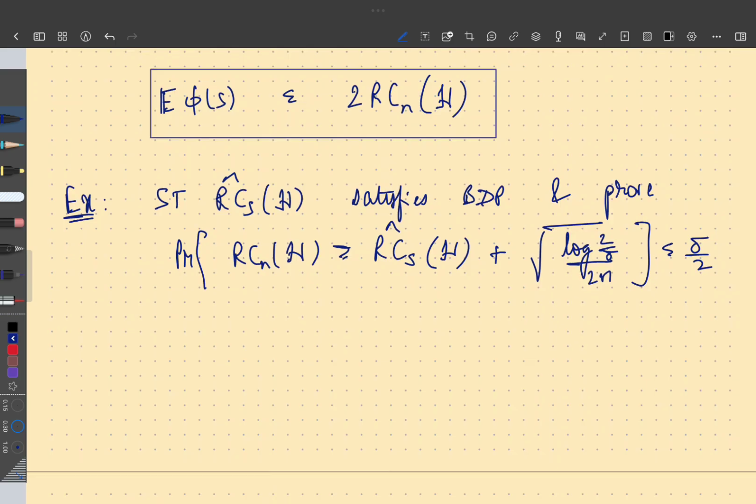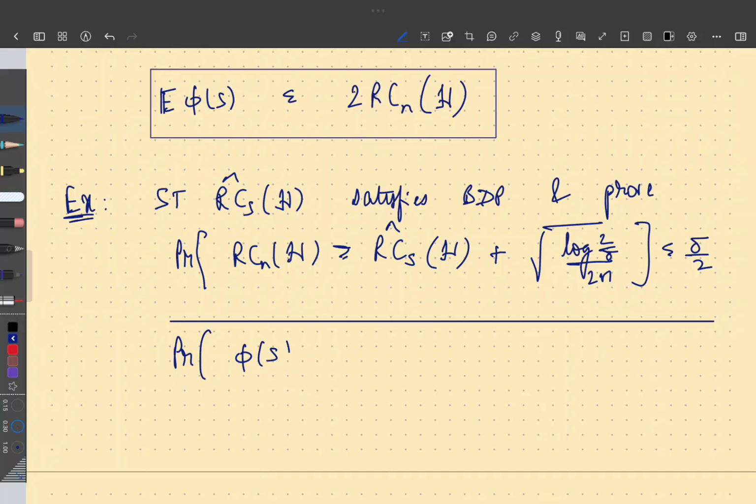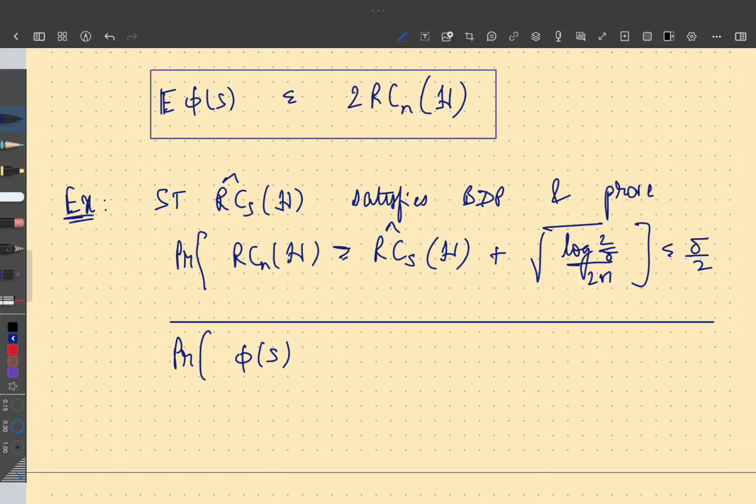Now we've already shown, so this is an exercise, that the probability that phi of S is greater than or equal to expectation phi of S plus square root of log 1 over delta by 2n is less than or equal to delta, right?